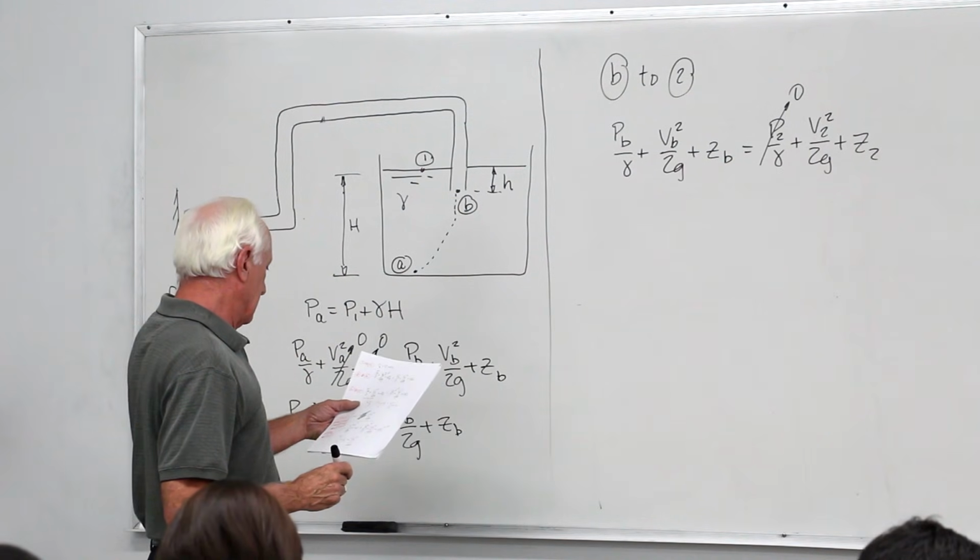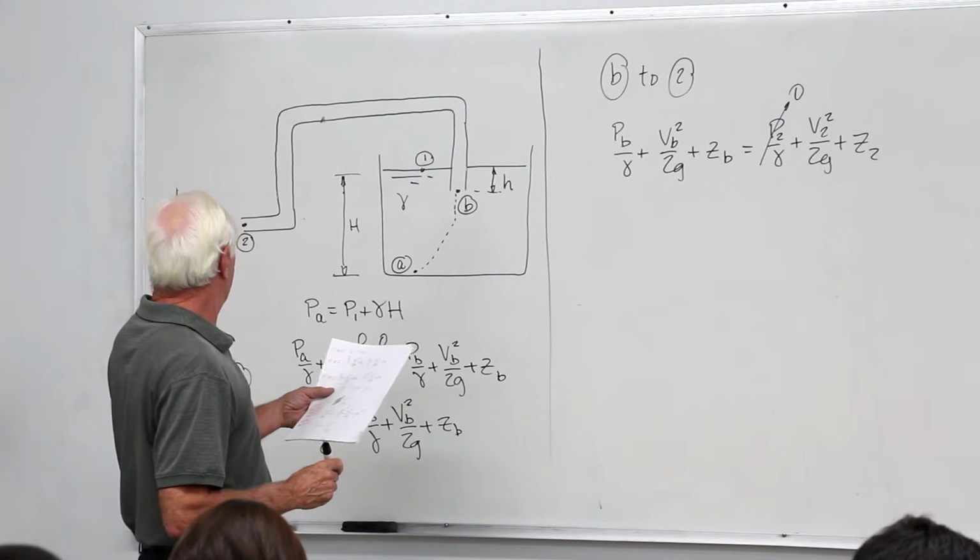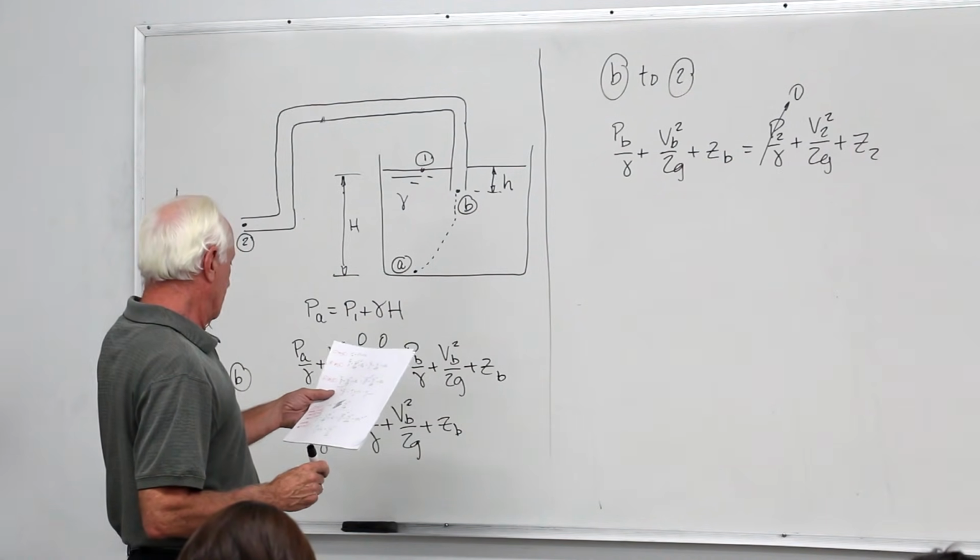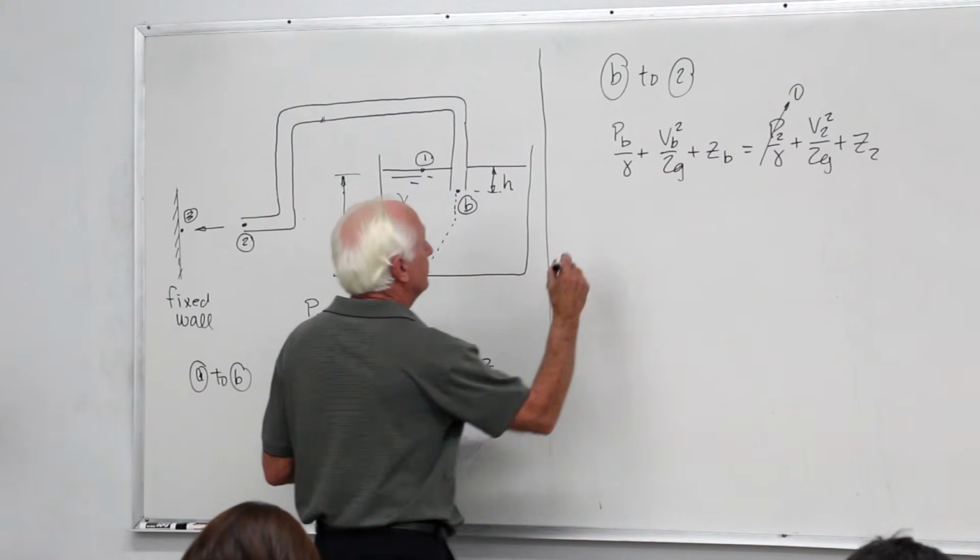B to 2 we did. Let's go from 1 to 2 directly.